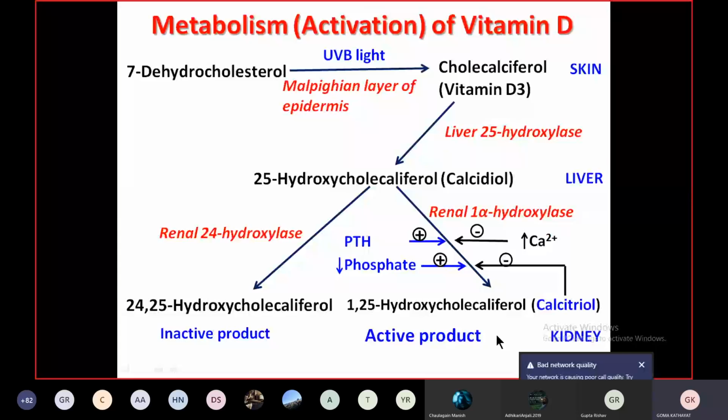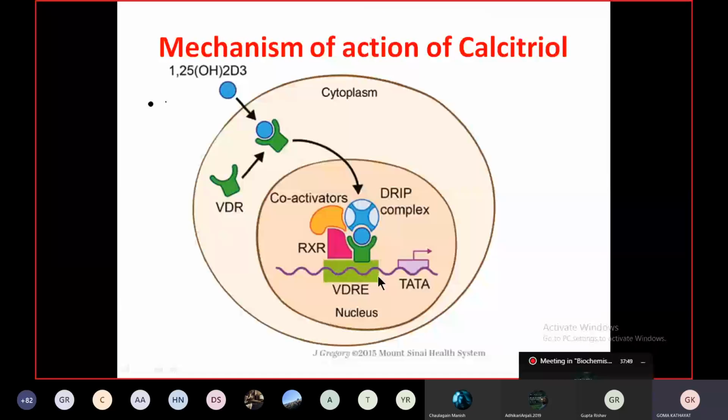Now coming to the mechanism of action of calcitriol. Once it reaches the target cells, it binds to its receptor, which is mainly in the cytoplasm, forming the hormone receptor complex. This complex then enters the nucleus and first undergoes heterodimerization with the retinoid X receptor.